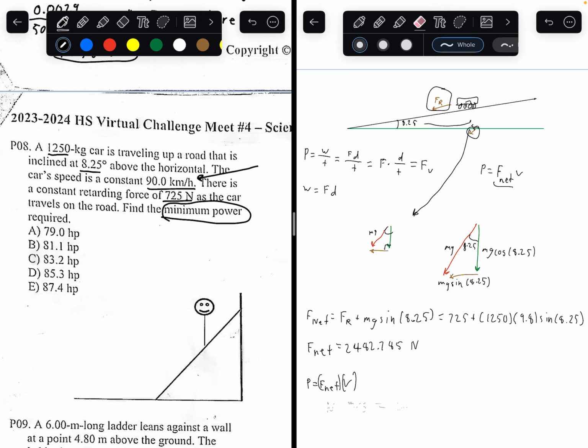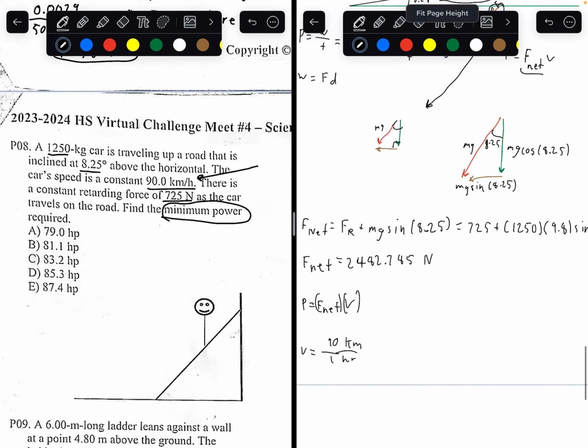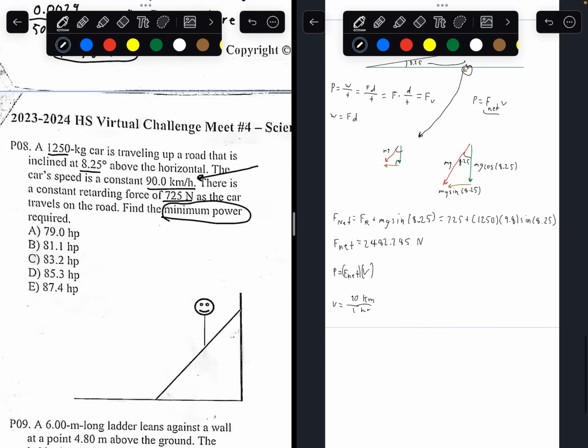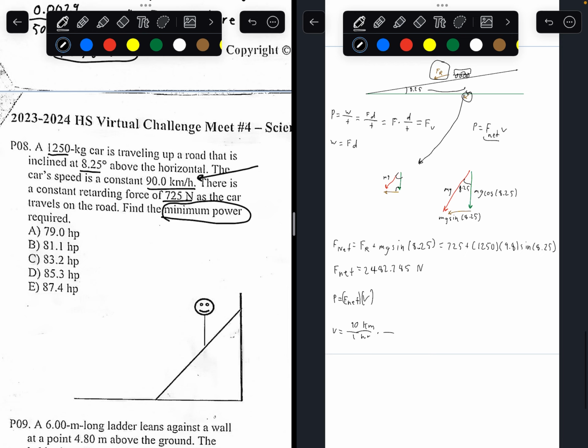So we have to convert the velocity from 90 kilometers per hour to meters per second. So I'll zoom in a little like this. Times 1,000 meters in 1 kilometer, and there is 3,600 seconds in 1 hour.